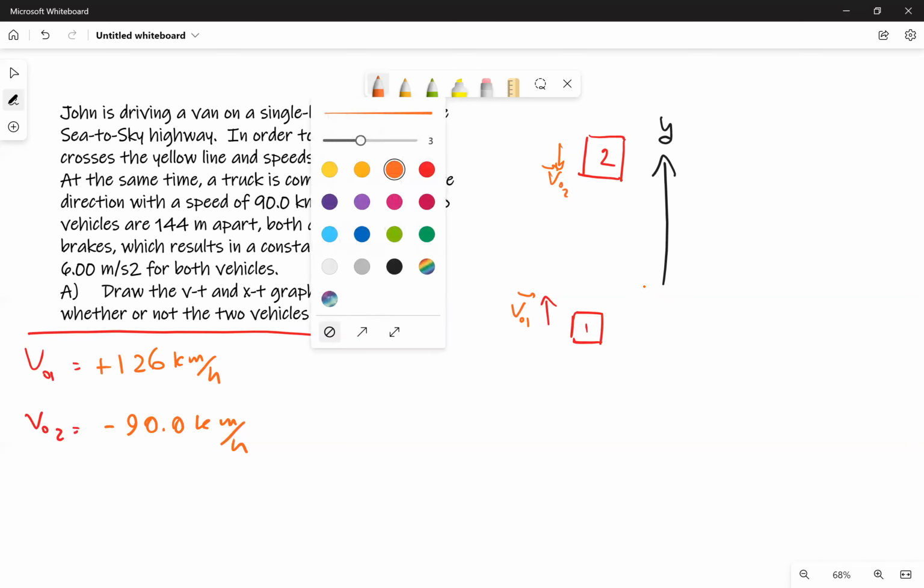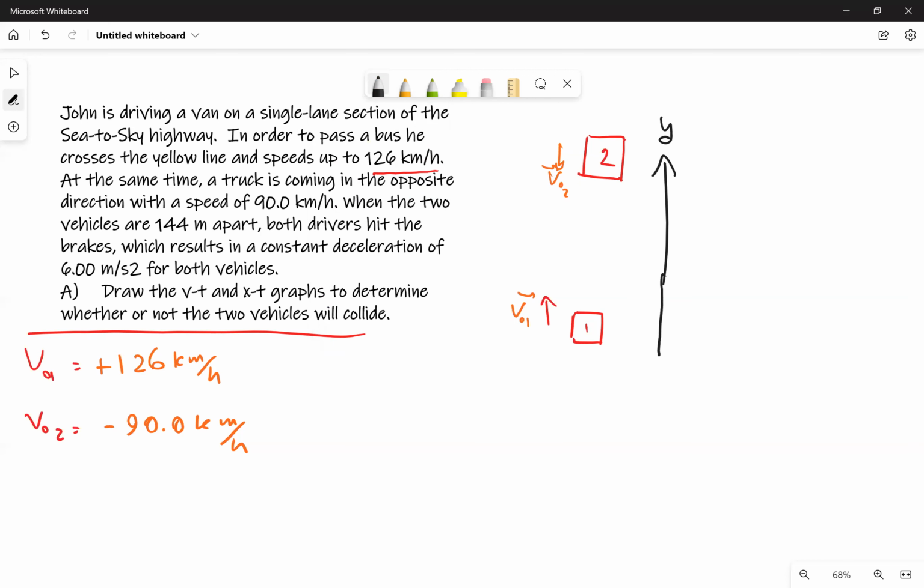Let's think about their position. If I want to know their position, I need to set up 0 on my y-axis. I prefer the 0 to be here, but you can have the 0 anywhere on the y-axis.